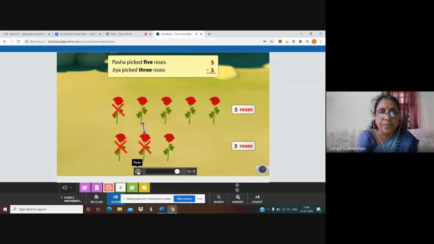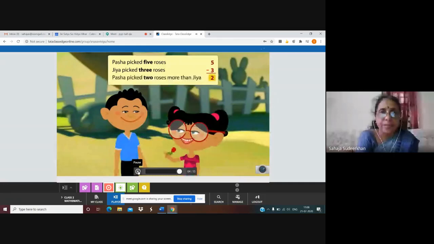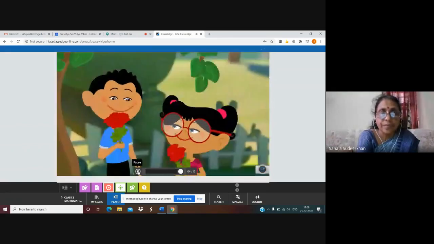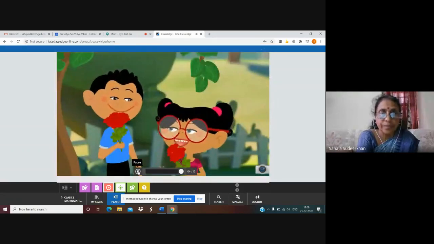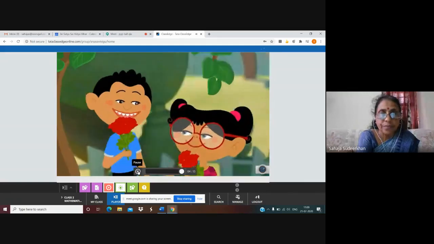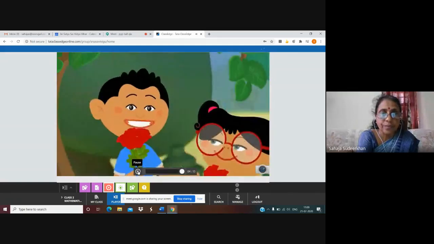You collected 2 and I collected 2. You collected 3 and I also collected 3. But look, Jia, 2 roses remain with me. That's right, Pasha. 2 roses will remain when you subtract 3 from 5. That means you collected 2 roses more than me. Thanks for helping me pick the roses, Pasha. Let's go inside. My mom has prepared lemonade for us. Yummy! Let's go.